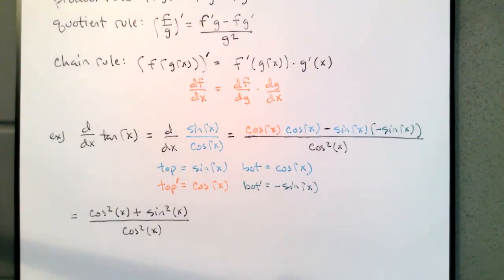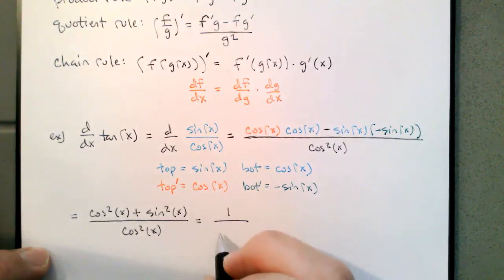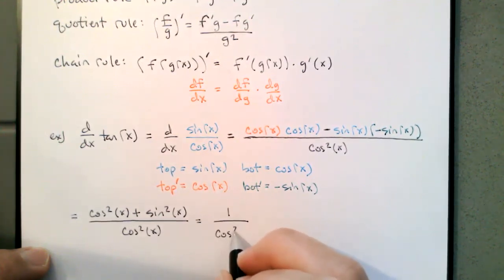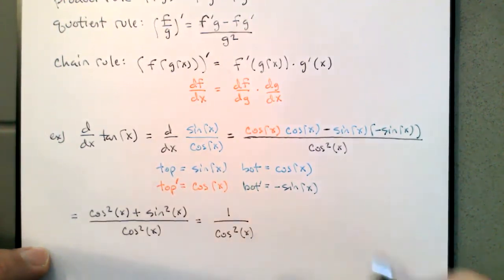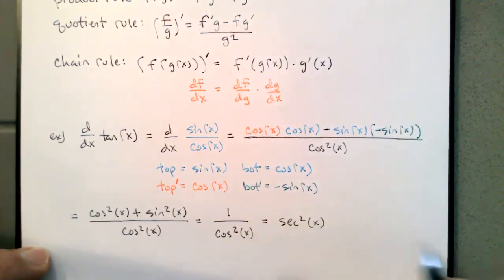And now I can just use trig identities on the numerator. Cosine squared plus sine squared is equal to 1. So we could say that the derivative of tangent is 1 over cosine squared x, better known as secant squared x.